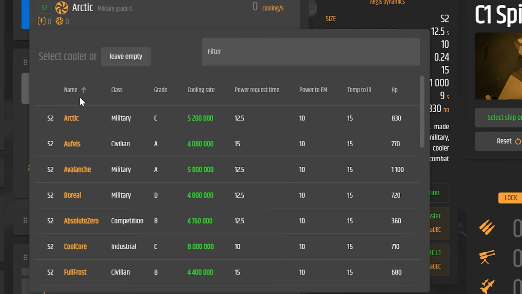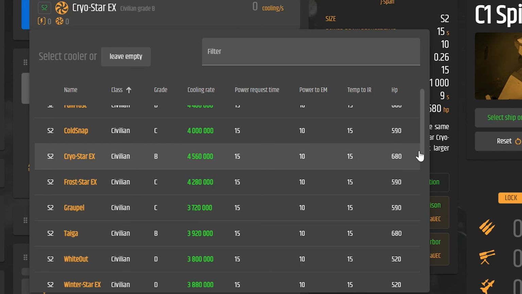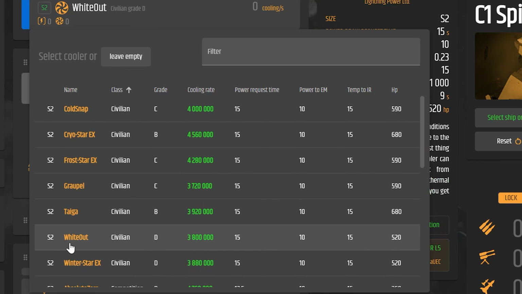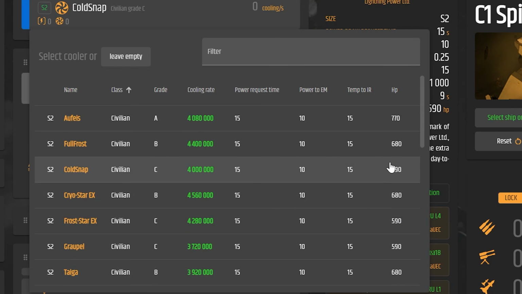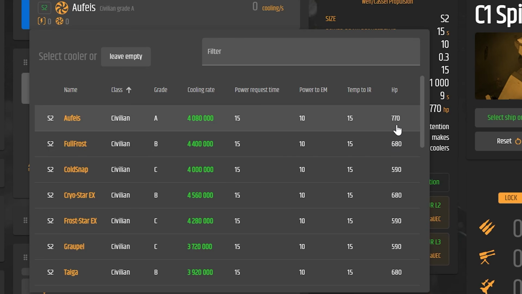Check this one on Erkul.games. These are the size 2 coolers, so let's categorize them by class. You can see the size 2 civilian D cooler has health of only 520. Then grade C, 590, is higher. Grade B is 680. And then grade A is 770, the highest within this class.